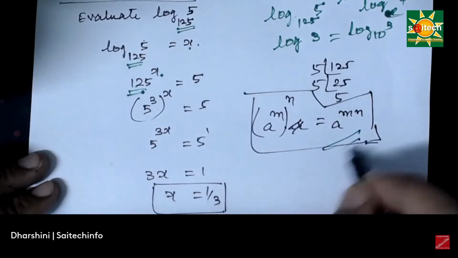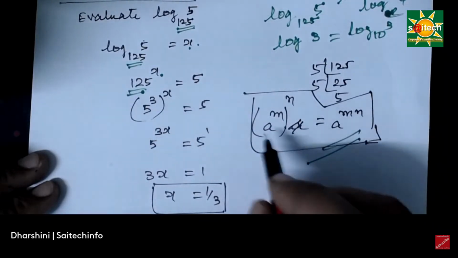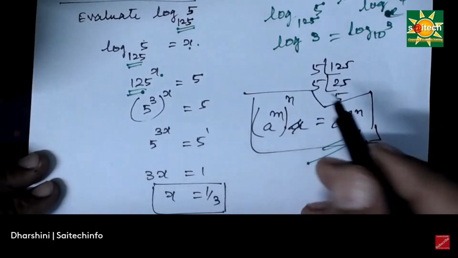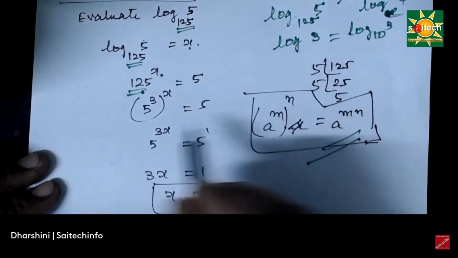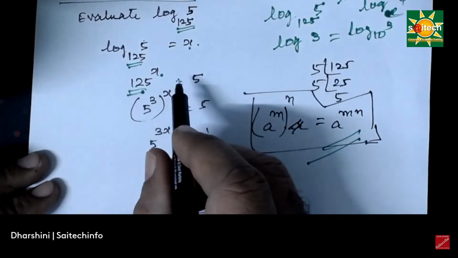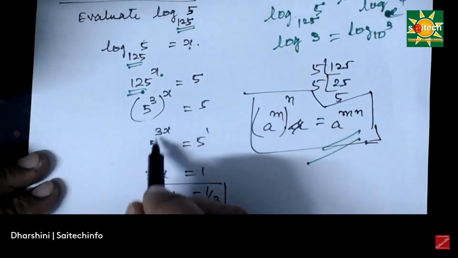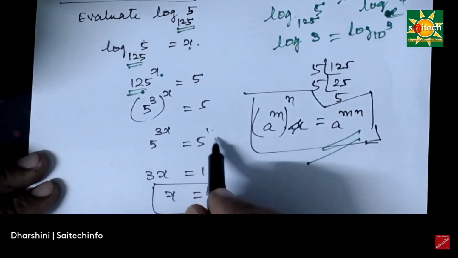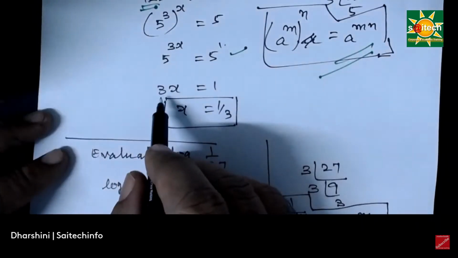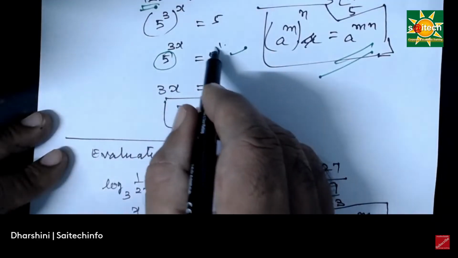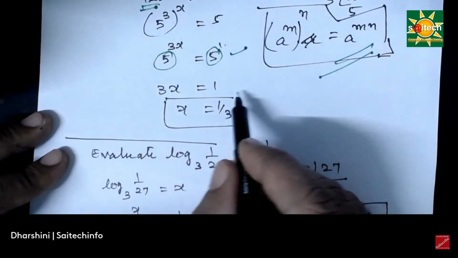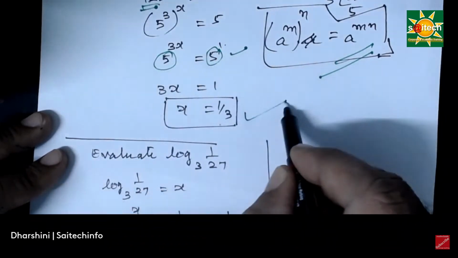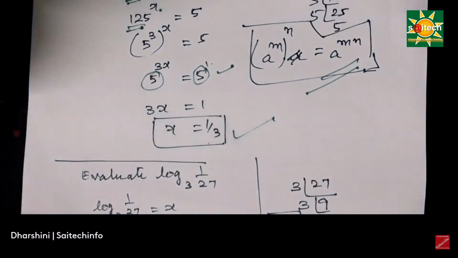You can apply this formula, that is the power rule of radicals, a power m whole power n is equal to a power m into n. So 5 power 3 whole power x is equal to 5 power 3 into x, that is 3x, and that is equal to 5, you can put 5 power 1. Therefore 3x, you can compare the exponents. Okay, so 3x is equal to 1 and x is equal to 1 by 3. So we have evaluated the x.